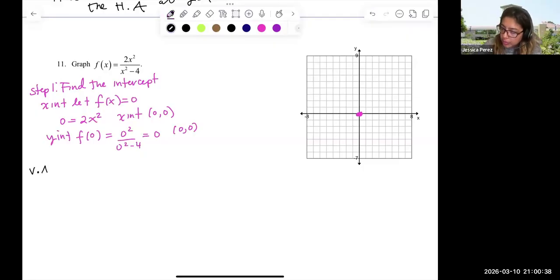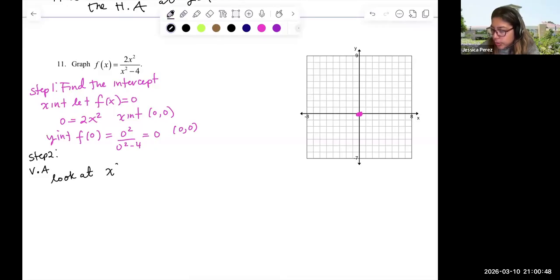Now, step 2 is the vertical asymptotes. For the vertical asymptotes, you look at the denominator, x squared minus 4, and set this equal to 0 and factor. This is a difference of squares. So my asymptotes will be at x equal 2 and x equal negative 2.